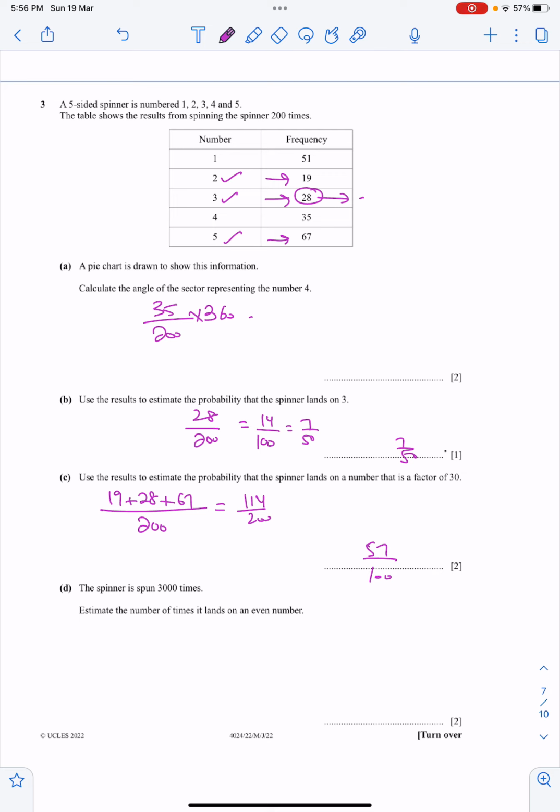Okay, the spinner spun 3000 times. Estimate the number of times it lands on an even number. Firstly, we'll have to get the relative frequency of an even number. Out of these, the even numbers are 2 and 4.